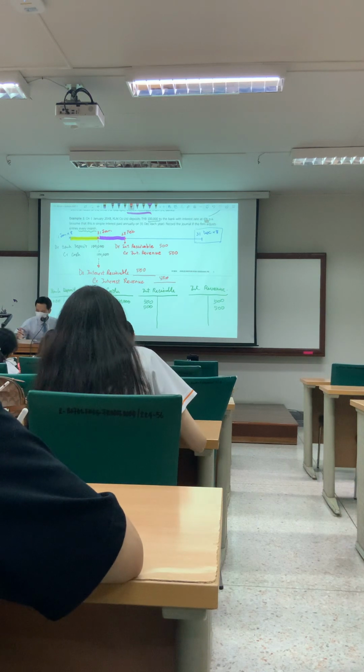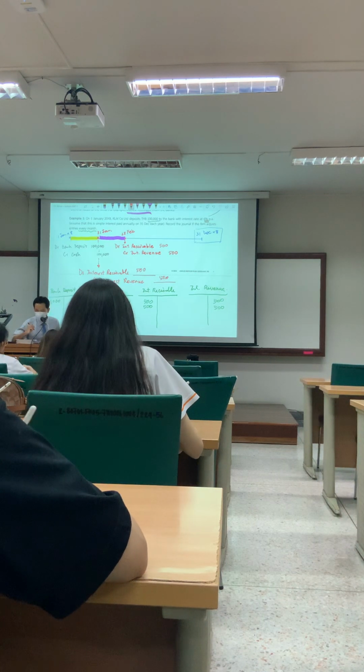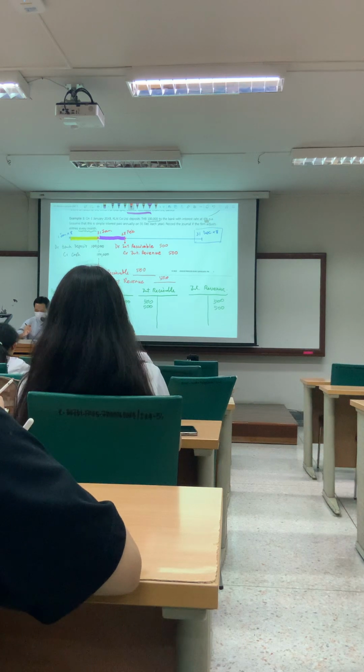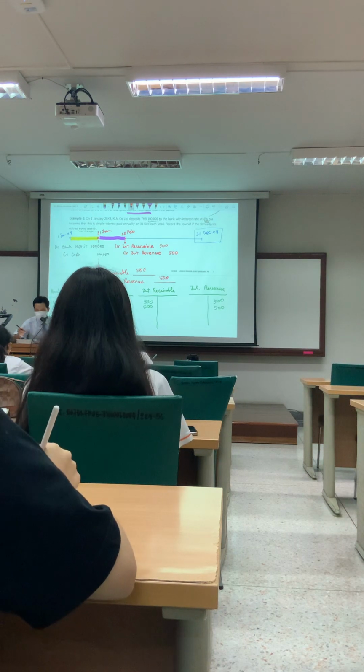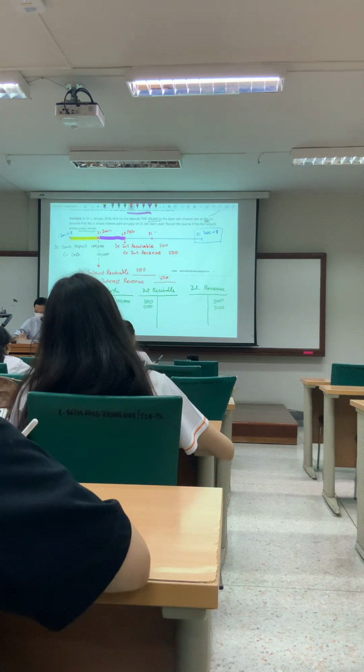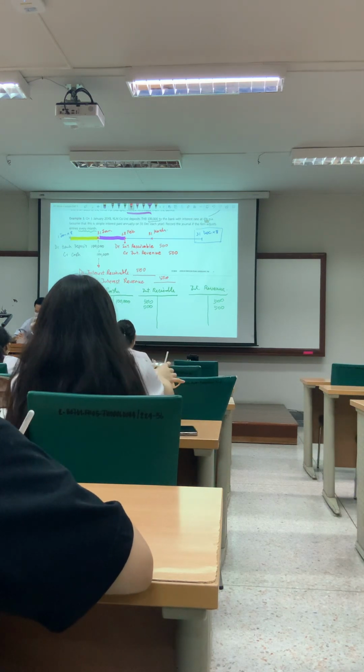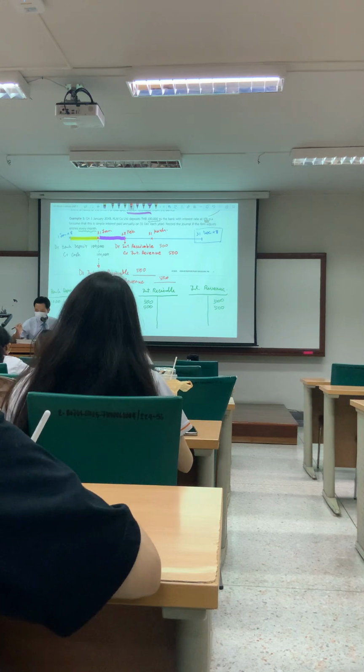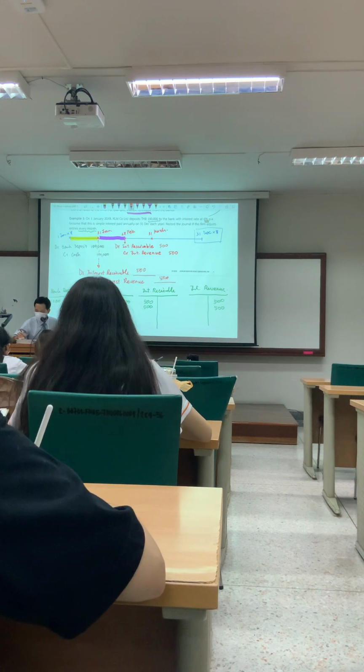Now, next one. When is your next adjusting entry to be recorded? 31st of March. The end of the month.